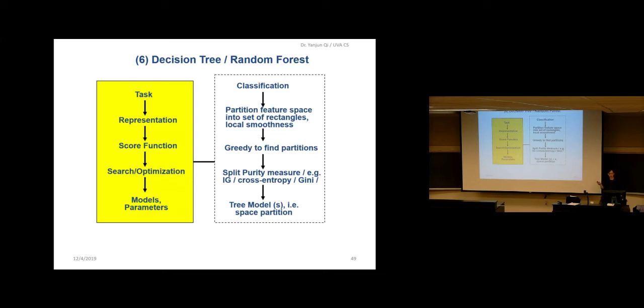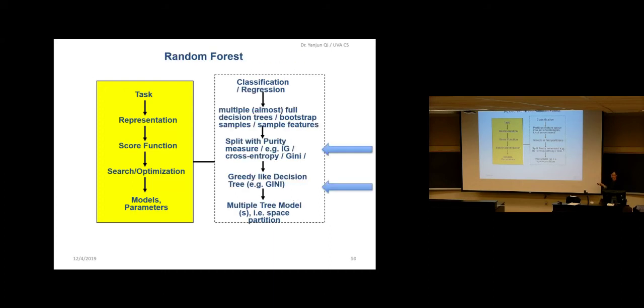The basic decision tree has no clear global scoring function to optimize. It really just greedily finds the best partition according to the current step. There are many purity scores, a greedy metric like information gain, Gini, and cross entropy. There are many. And the output is a tree model, a sparse space partition.